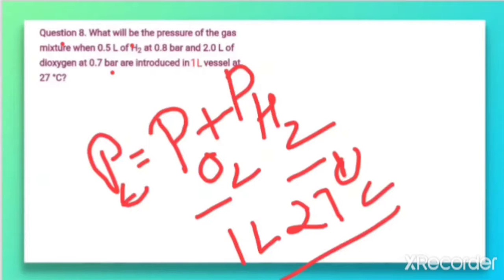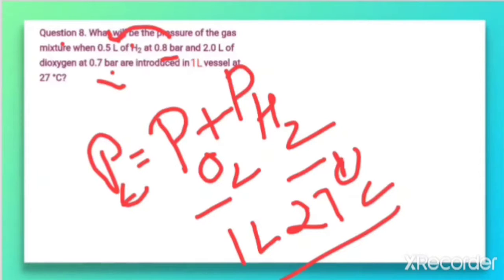But in this problem, the pressures are already given to us. Hydrogen is 0.8 bar, and for oxygen it is 0.7 bar. But those pressures are not at 1 liter. The pressure of hydrogen, 0.8 bar, is the pressure when the volume is 0.5 liter.